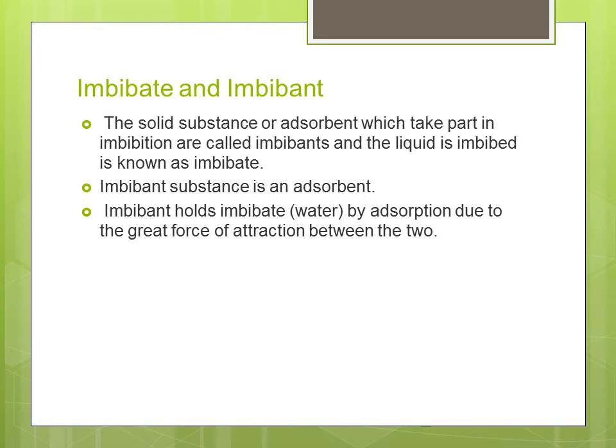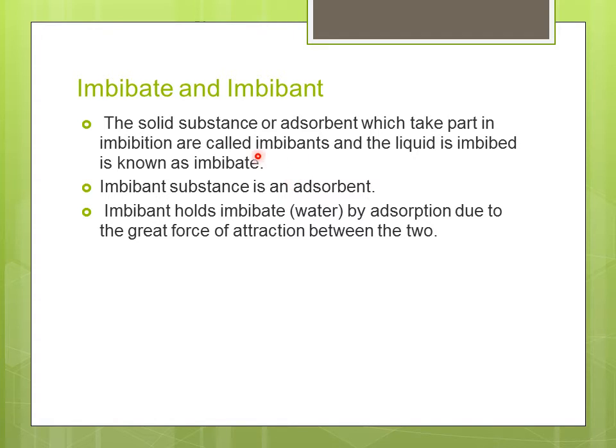Now we are going to deal with two new terms, imbibate and imbibent. What are these two? The solid substance which is the adsorbent and takes part in imbibition is called the imbibent, and the liquid which is imbibed is known as the imbibate. Let us take the example of the wooden door.